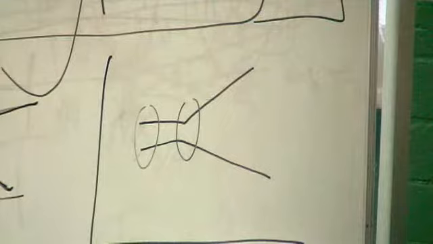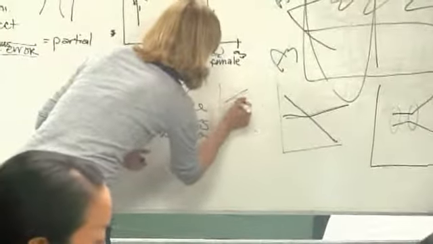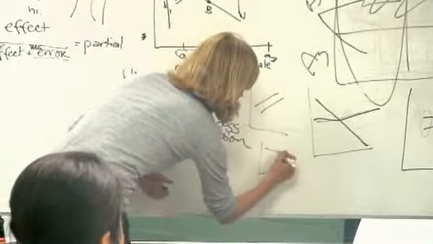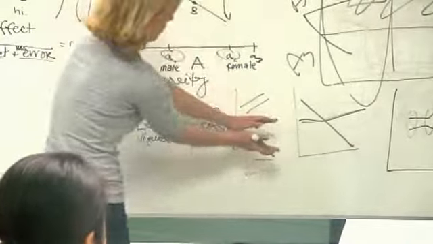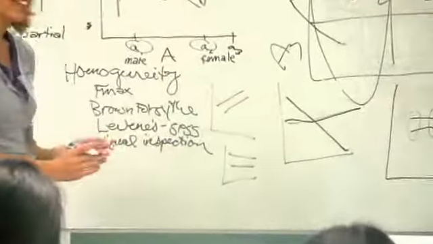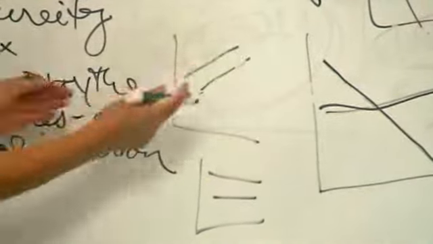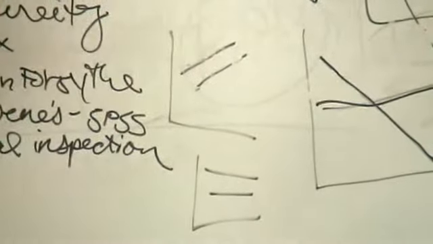Can you show me what another interaction is? Just two lines, or one on top of the other? Like that or something. Sorry, it's really hard to draw straight lines. But you can see this is not changing as this goes up in the same direction at the same rate.